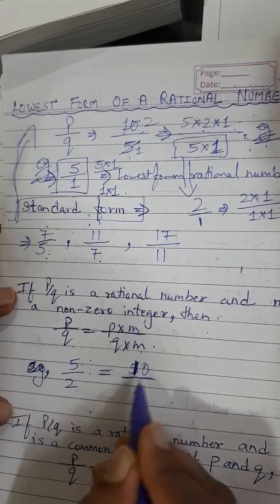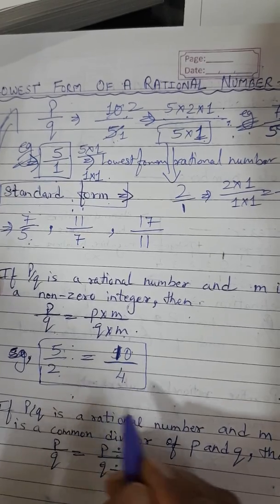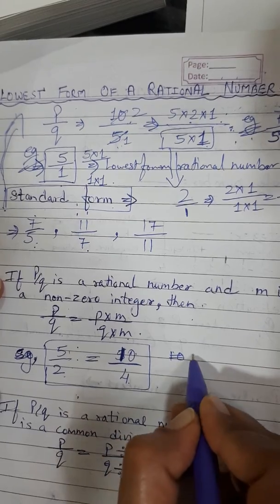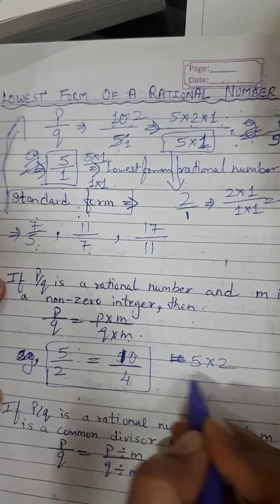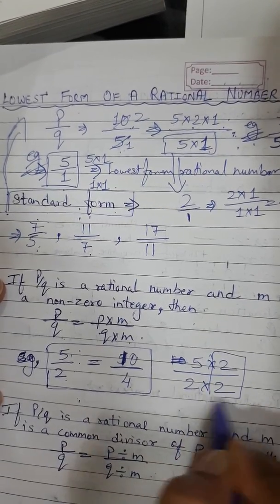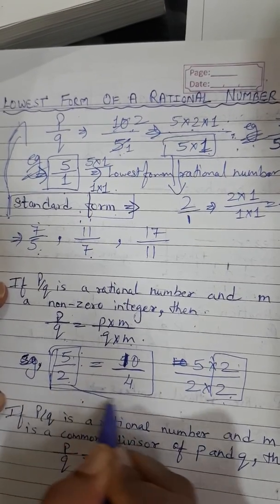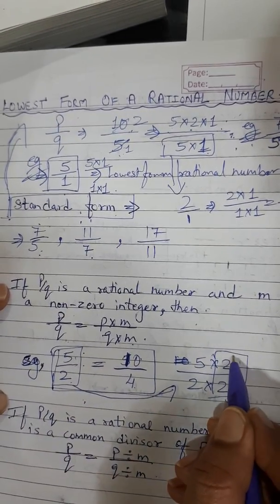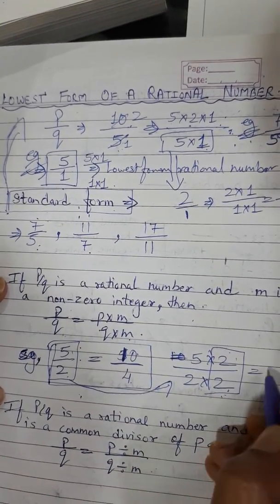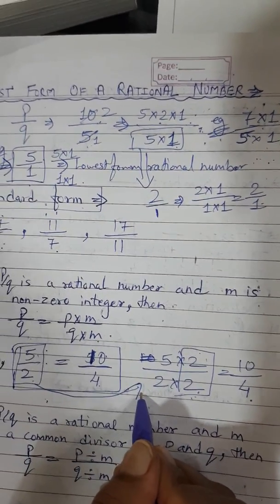So 5 upon 2 and 10 upon 4 are both equivalent rational numbers, because we multiplied 5 by 2 and 2 by 2, the same number in numerator and denominator. So we get 10 upon 4, which is equivalent to 5 upon 2.